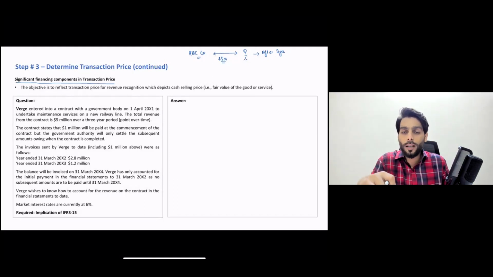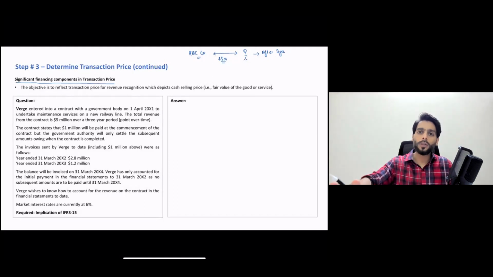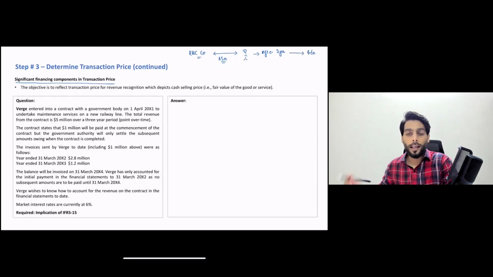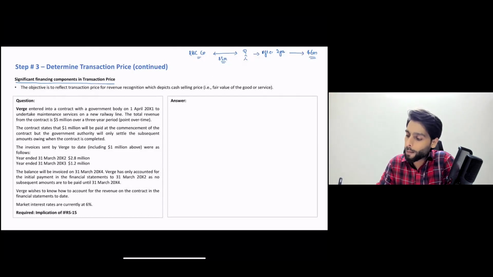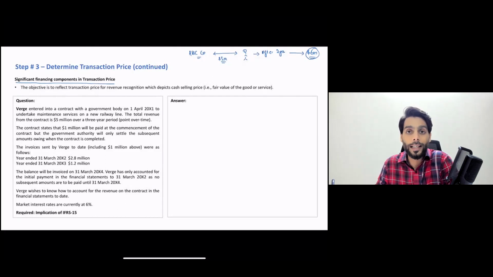If the payment terms are that you're going to pay it after 2 years, then we are happy to sell you this product, but we are going to offer you a price of $6 million. And just assume that your customer actually accepts this offer and says, okay, I'll buy this product for $6 million with a payment term of 2 years delayed payment.